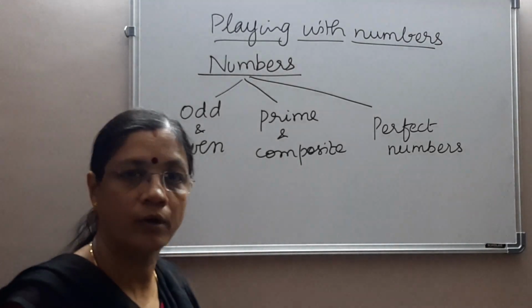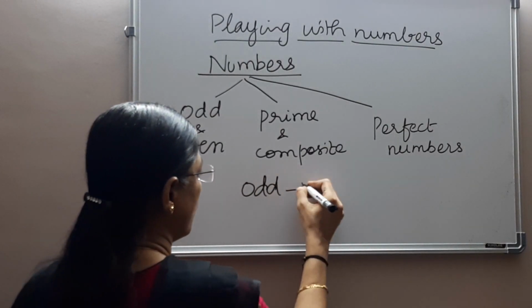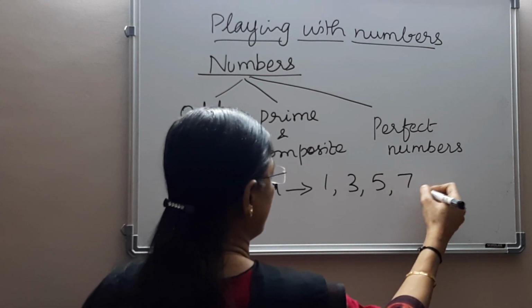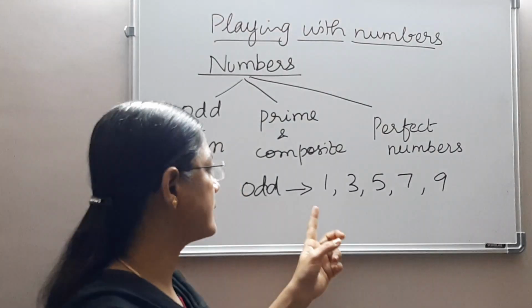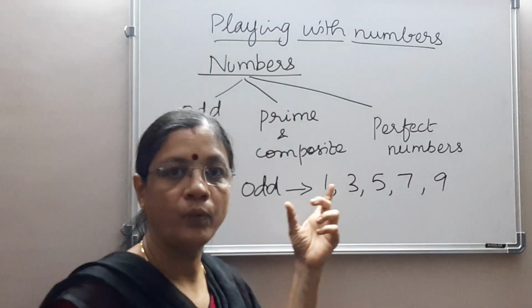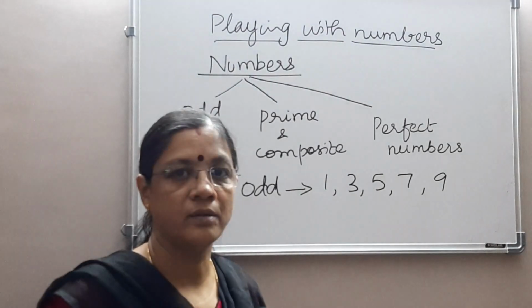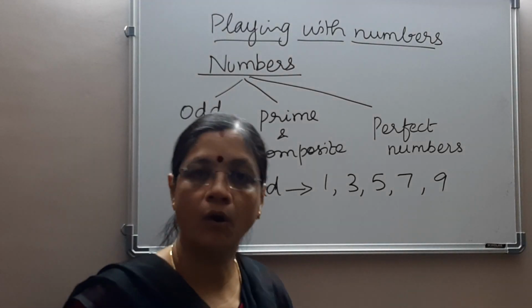You would have heard about it. So what are odd numbers? Odd numbers are those numbers which end with 1, 3, 5, 7 and 9. In other words, if the units place of a number has these digits, then we term it an odd number, like 11, 13, 23, 3003, 3001. So these are all odd numbers.